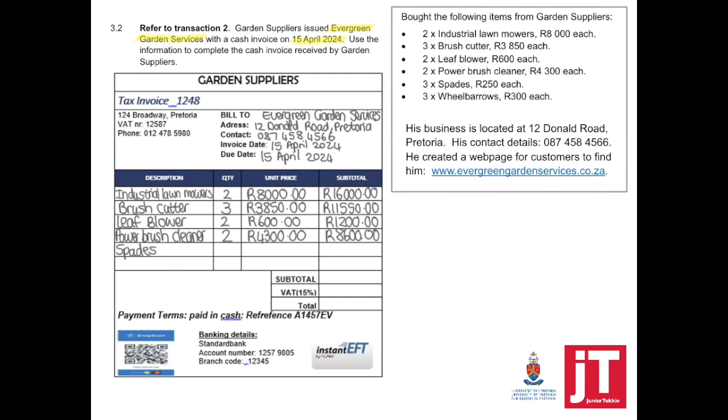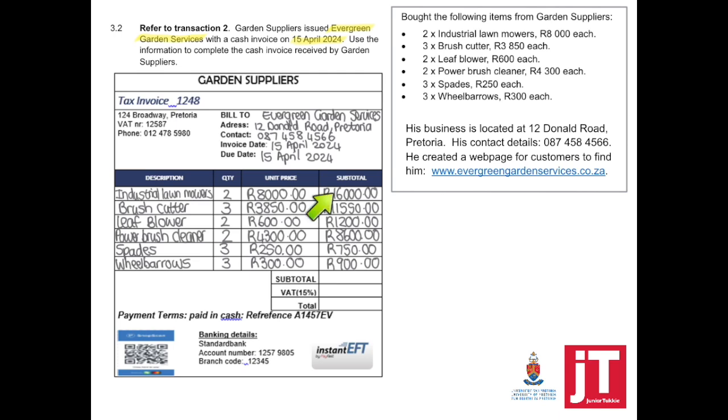Then we've purchased spades. How many? 3 of them at 250 each, which gives you a total of 750. And the last items that we've purchased was 3 wheelbarrows at 300 Rand each, that equals 900.